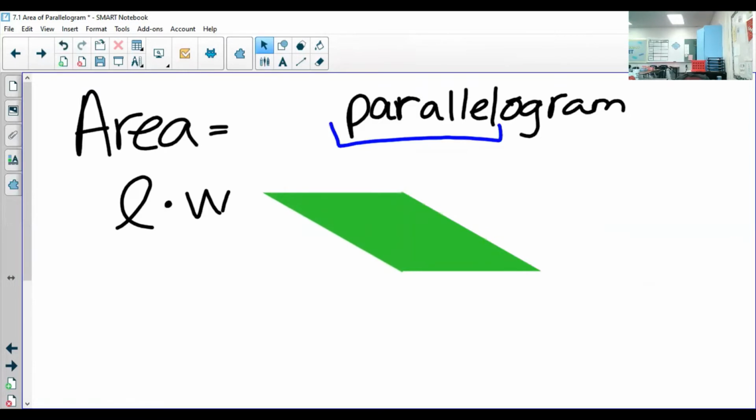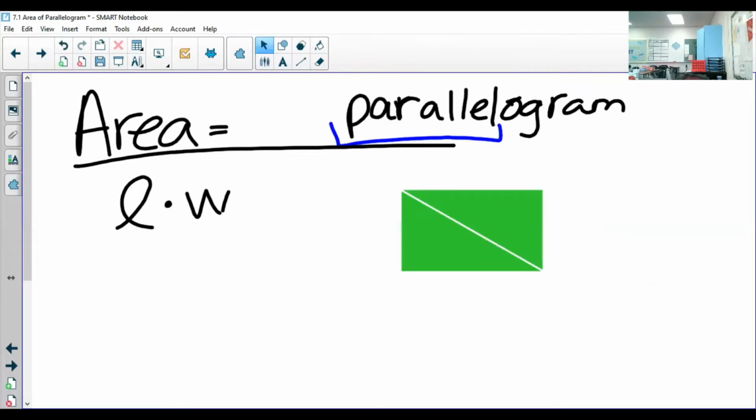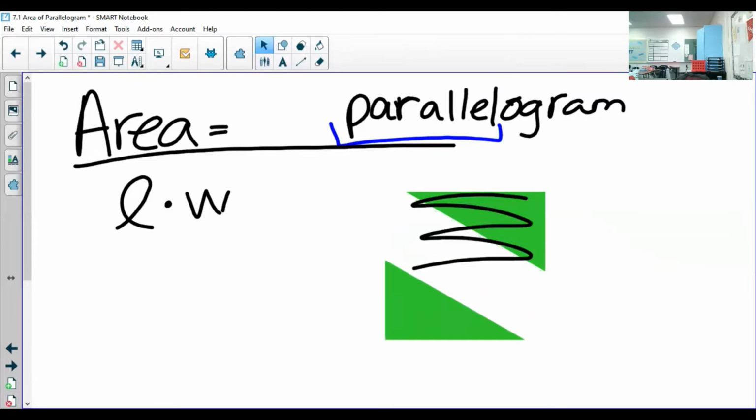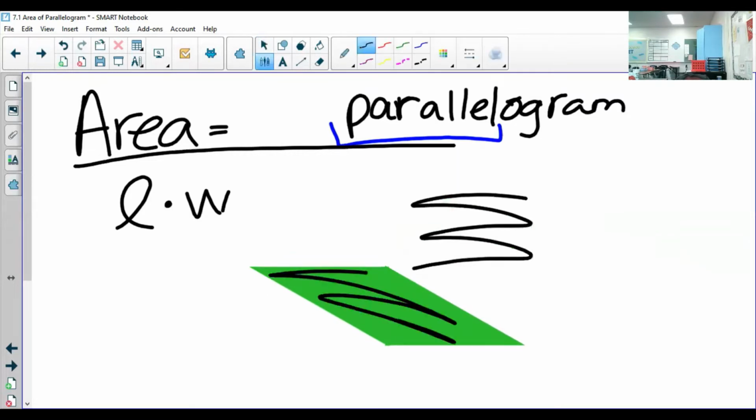So if you think about this, if I wanted to find the area of a parallelogram, I'm basically going to do the exact same thing I would do to find the area of a rectangle, because it's covering up the same amount of space, right? I'm either covering up this much space or I just rearrange it and I'm covering up this much space.